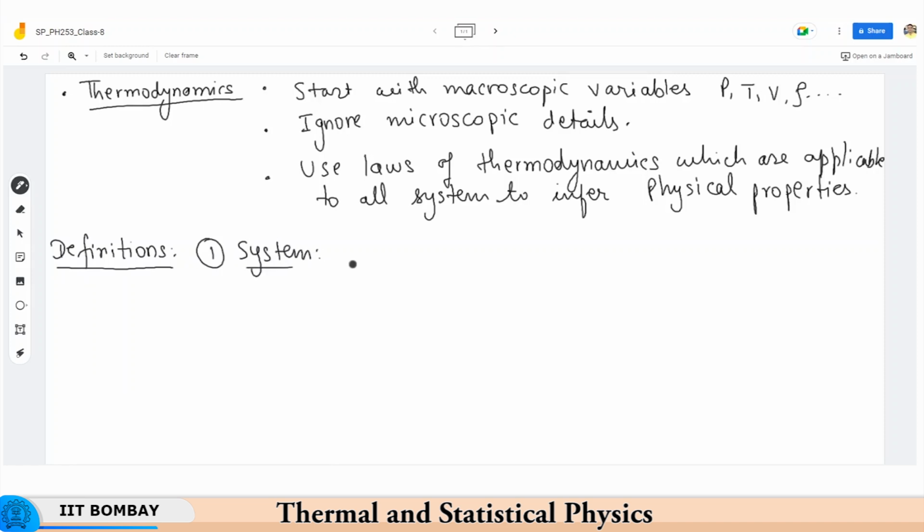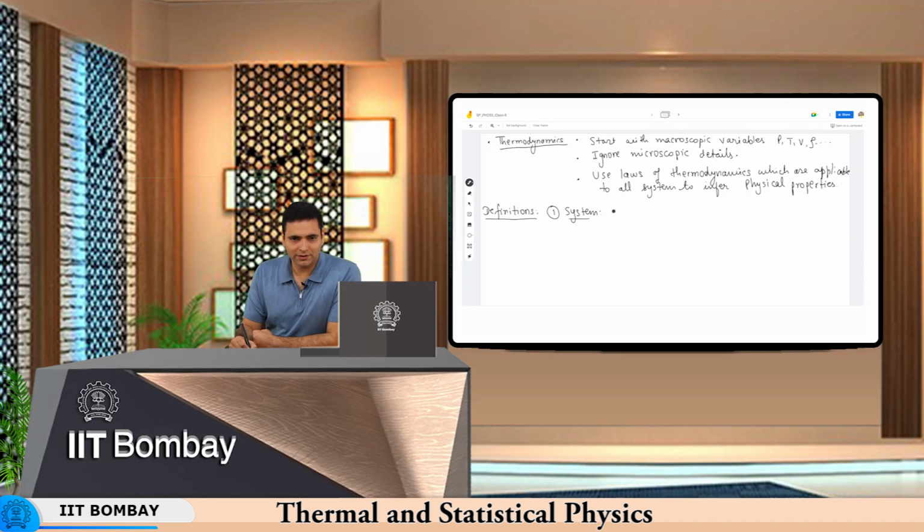So a system is a subset of the universe which is under observation. Maybe I can draw it.